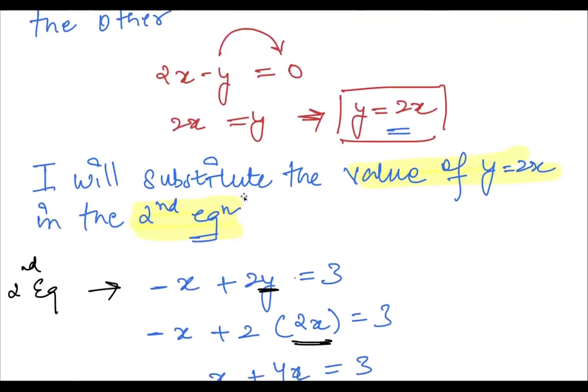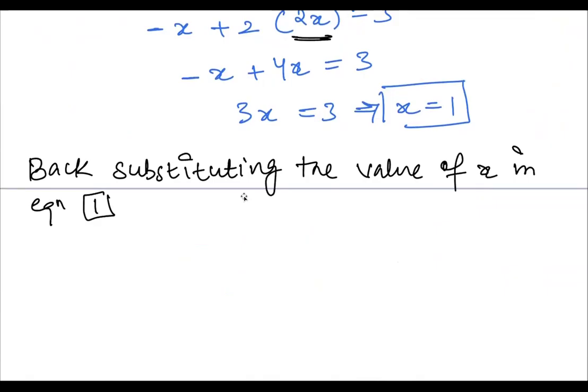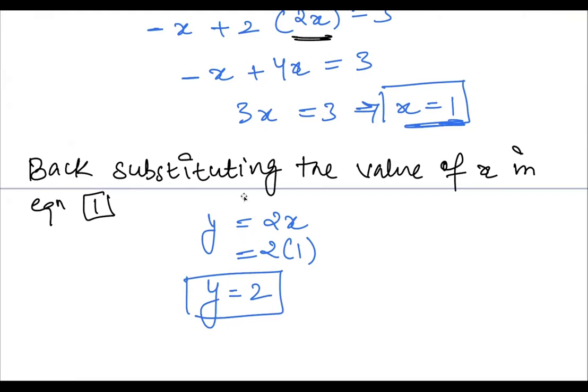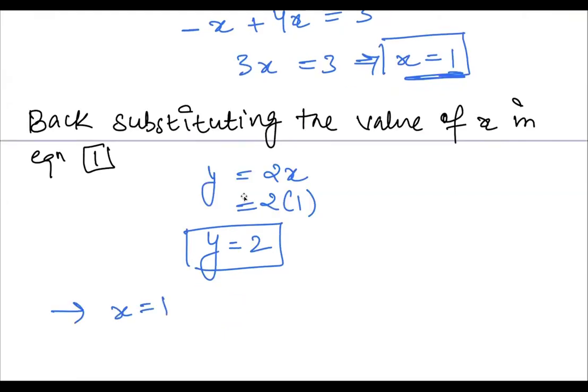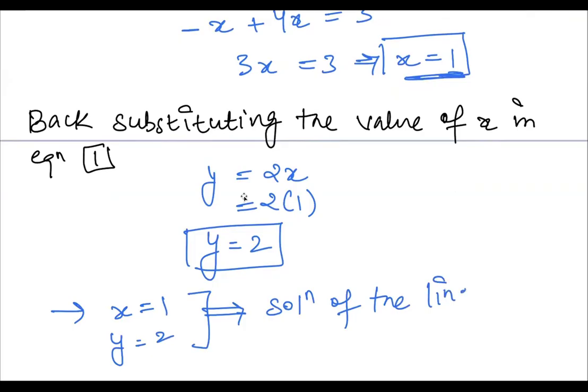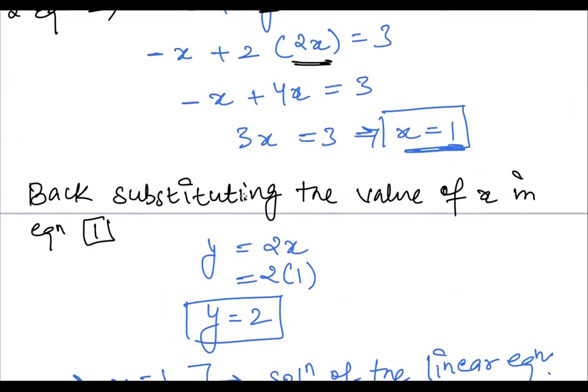So what was our equation first? y is equal to 2x. We know that x is 1, so can I write 1 here? So y will be 2. So what have we got? We have got x is equal to 1 and y is equal to 2, which is basically the solution of the linear equation.